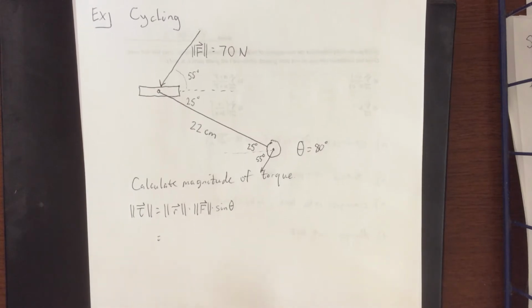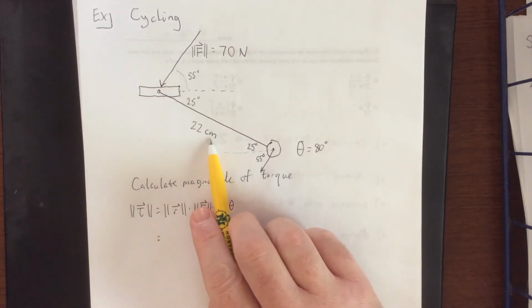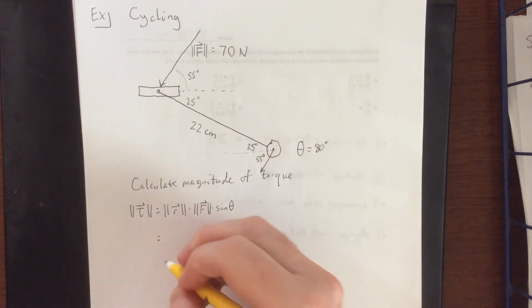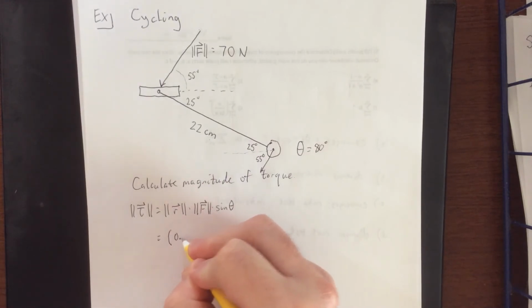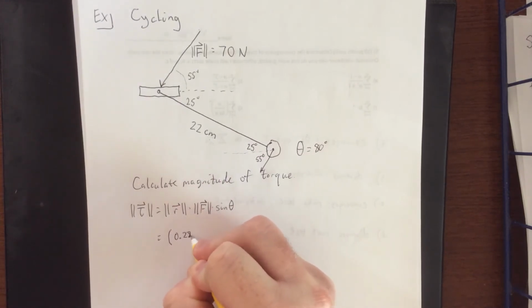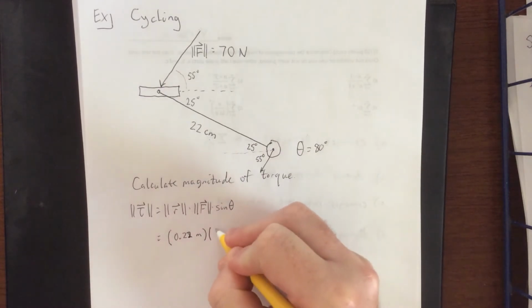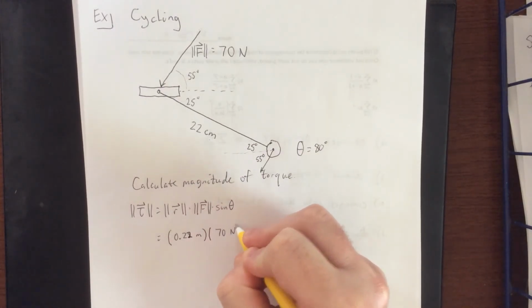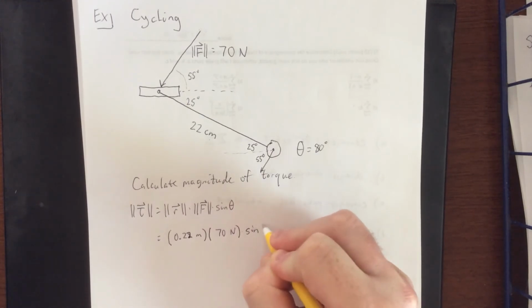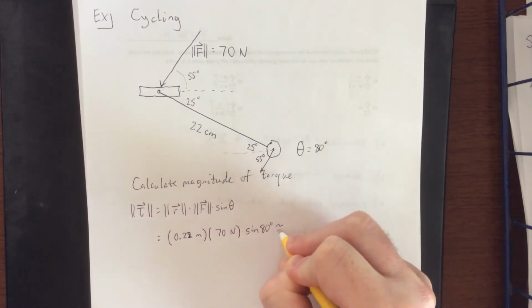So one other thing that we're going to do here to try to keep things SI is convert our 22 centimeters into meters by dividing by 100. So 0.22 meters times the magnitude of the force, that's 70 newtons, and then we're going to multiply by the sine of 80 degrees.